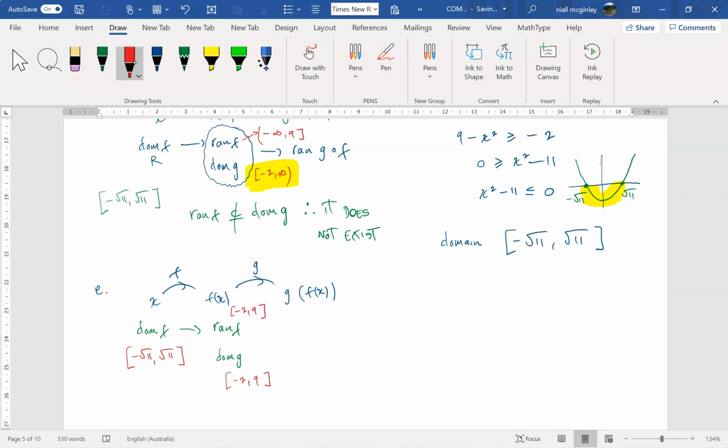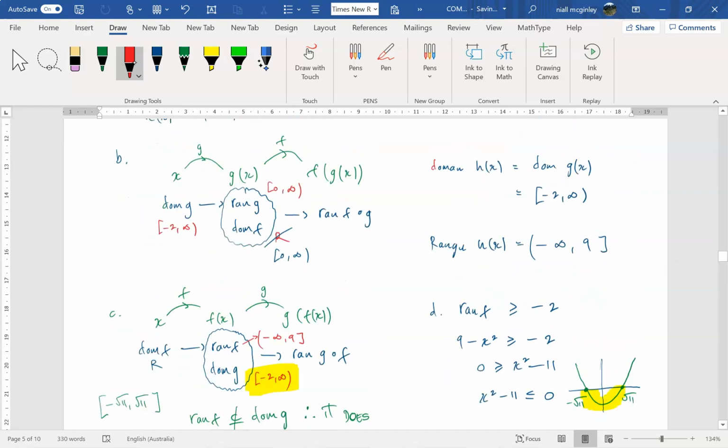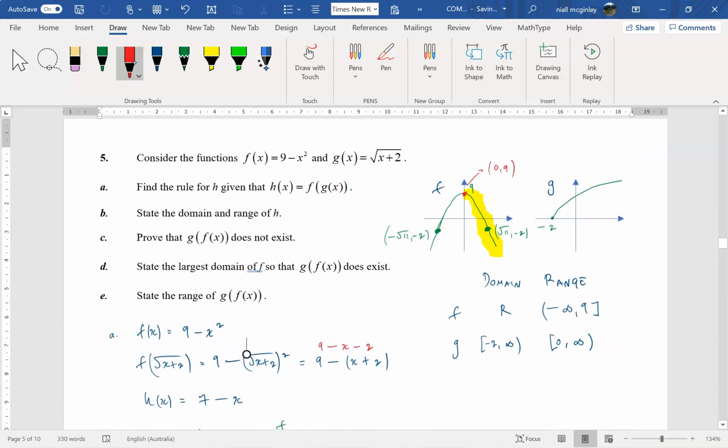Okay, so what we need to do is look at the graph of g and see what the range is going to be between minus 2 and 9. So if we come up to g, so there's minus 2. And what I want to do is find out what 9 is going to be here. So what this coordinate is going to be, it's going to be 9 something. And if I substitute it in here, it's going to be 9 plus 2, 11, square root of 11.